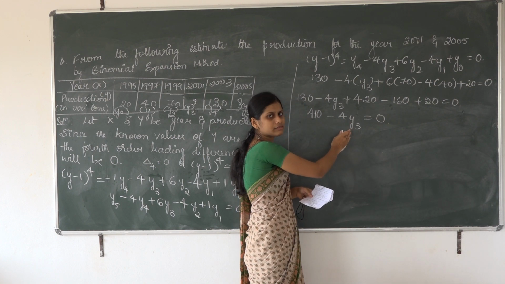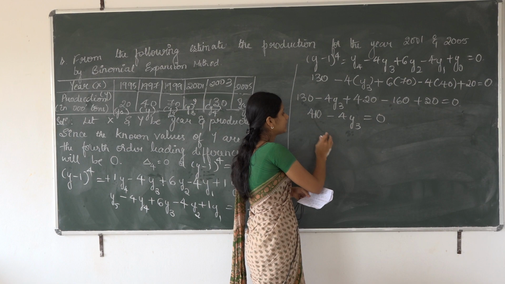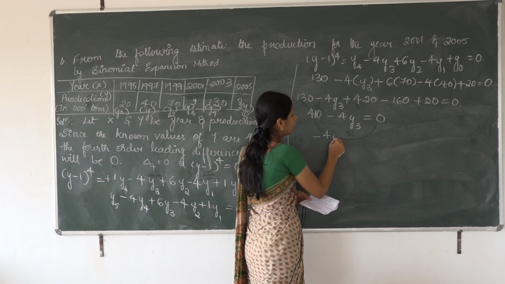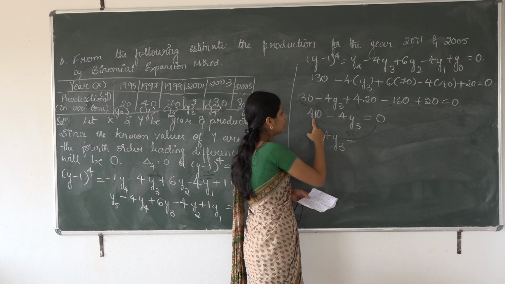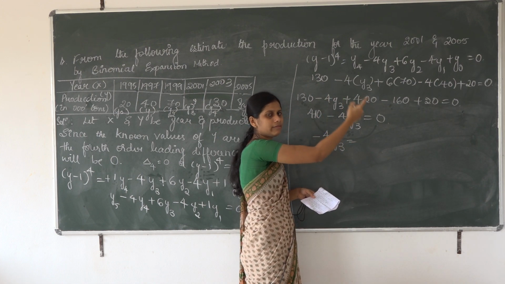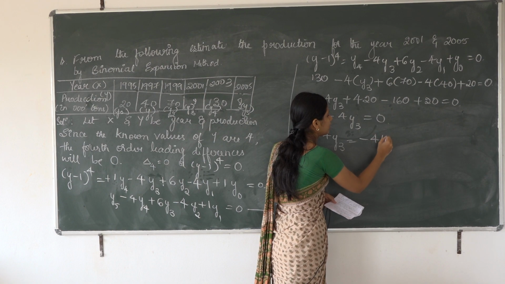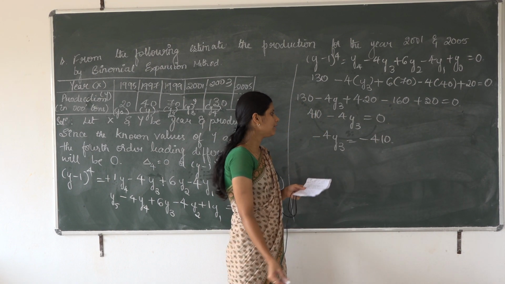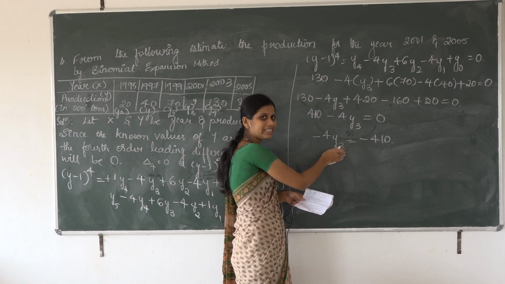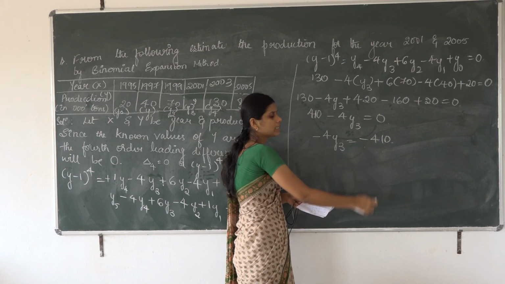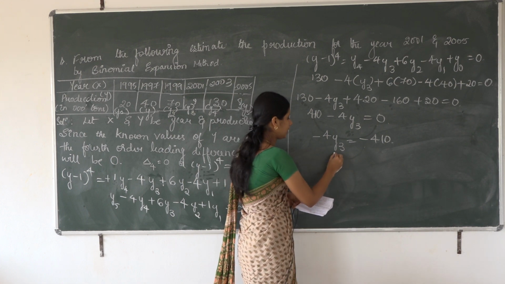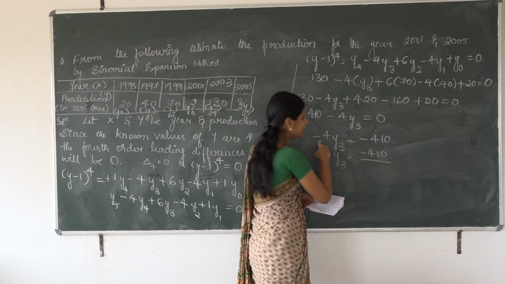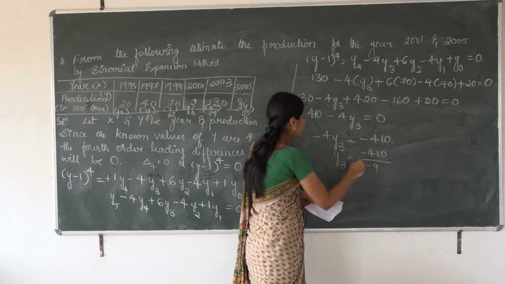Now we will keep this value here and we will take this number to the right hand side. So minus 4y3 will be as it is, equal to plus 410 will become minus 410. So now we will keep y3 as it is and we will take this minus 4 to the right hand side. So y3 is equal to minus 410 divided by minus 4. Why?